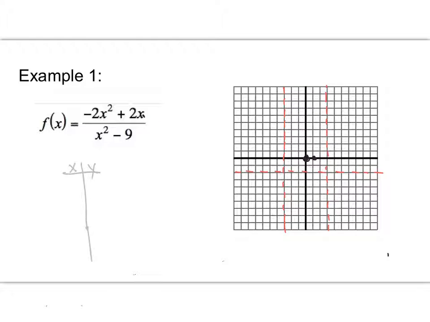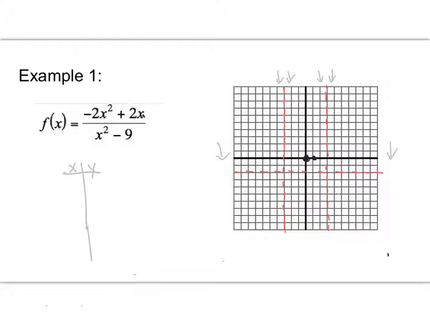And the more you practice doing graphs of rational functions, the better you're going to get at picking values to plug in. You should always check on either side of your vertical asymptote. You want to check to the left and to the right of both of those. And then you want to check maybe a bigger value of negative x and maybe a bigger value of positive x. Those are good places to start.